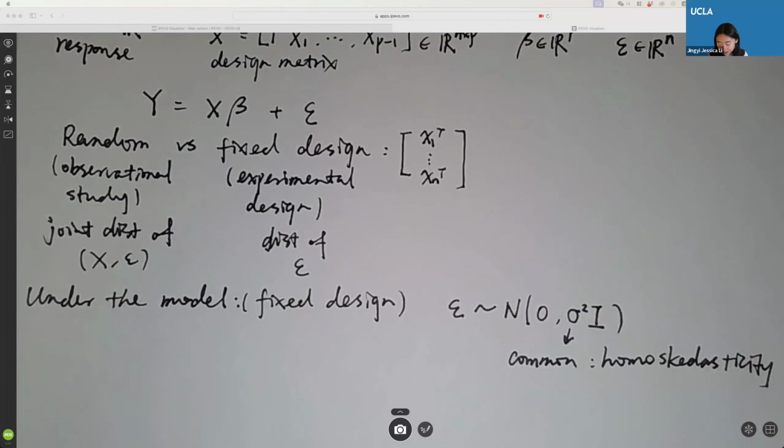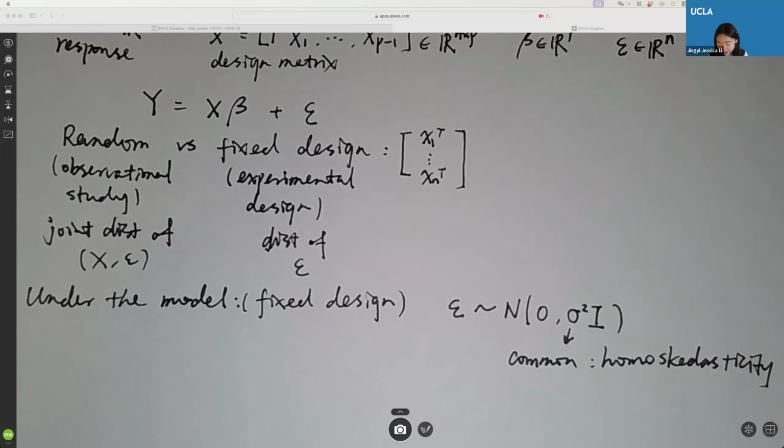It's basically this, based on the simple Gaussian density function, exponential of negative over 2 sigma squared, times the sum, i from 1 to n, of (yi minus xi transpose beta) squared, right? This is what we wrote last time.